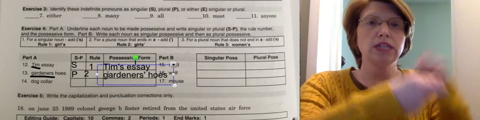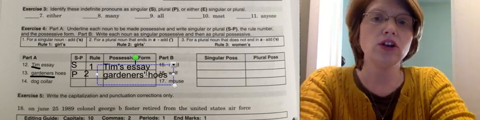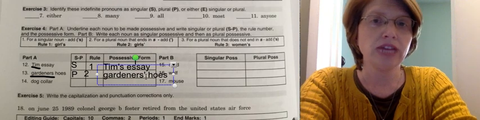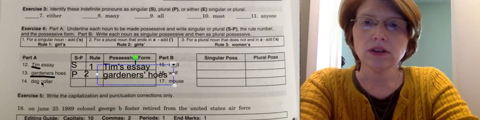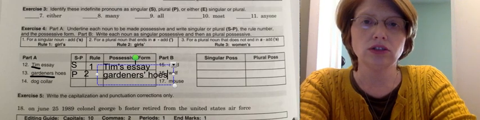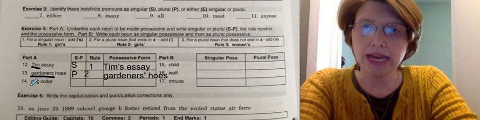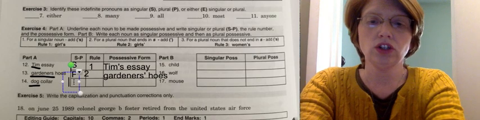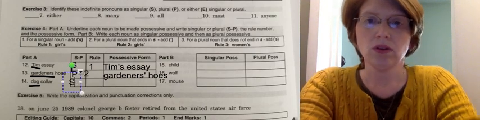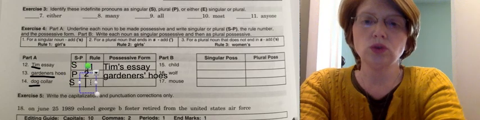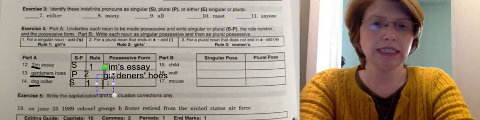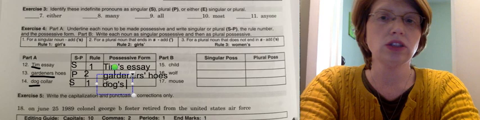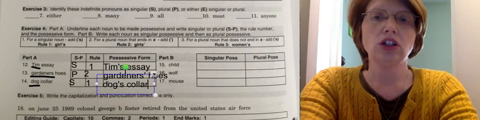So they're tools that they use to work in the garden. Gardeners with the apostrophe after the S. Now, dog collar. What's the word I need to make possessive? Is dog. Dog is singular, which is rule 1, which means that I am going to write dog's, apostrophe S, collar.